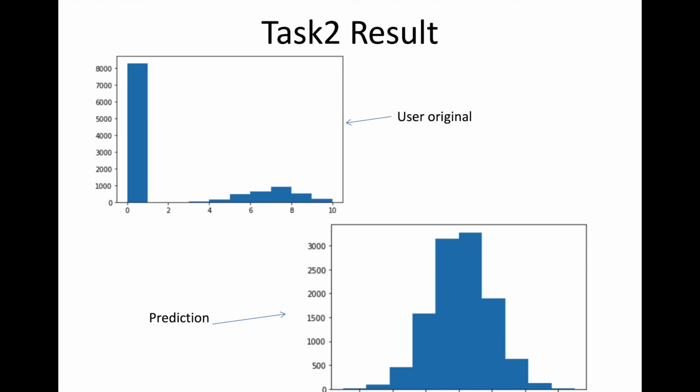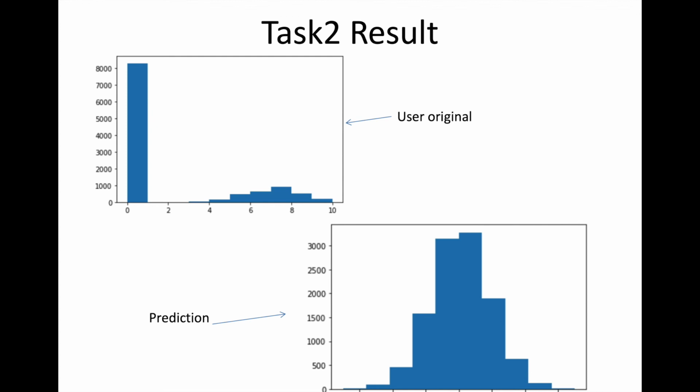And there is a very large bar in this table because this bar is 0. In my dataset, if the user did not watch the movie, I use 0 to replace it. So we can see that the 0 is useless in this bar. Therefore, the user's rating looks like a normal distribution.